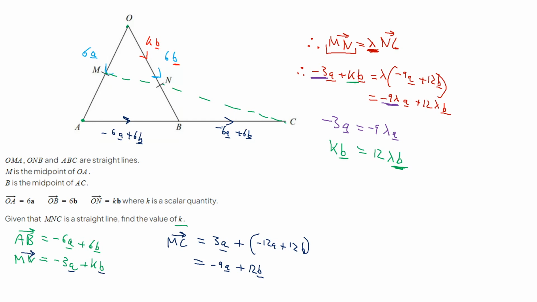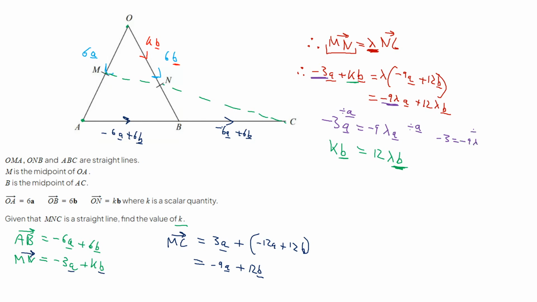So now we can solve these equations simultaneously. But we don't even need to do that, because on the top equation, we can just make lambda the subject by dividing both sides by A, first and foremost. So we're left with minus 3 is equal to minus 9 lambda.